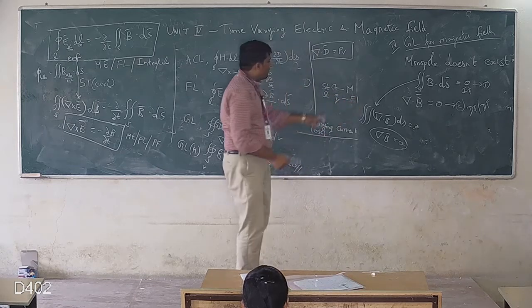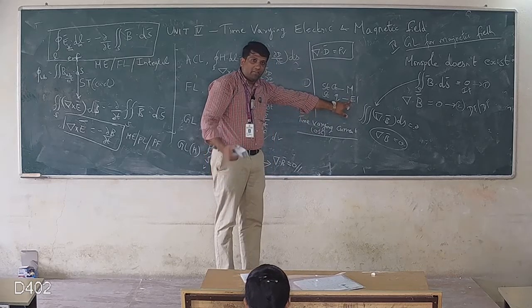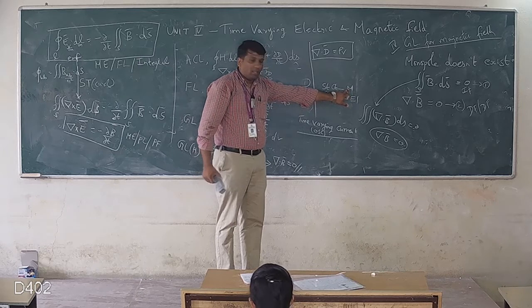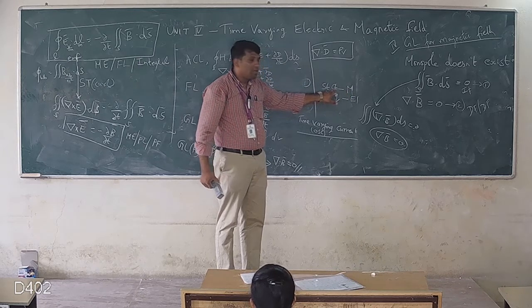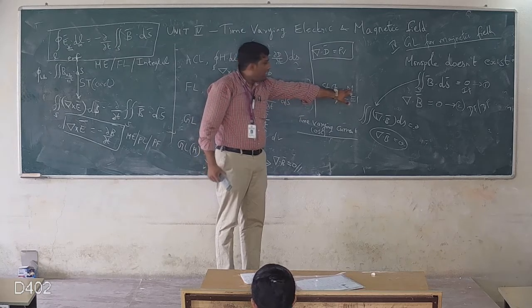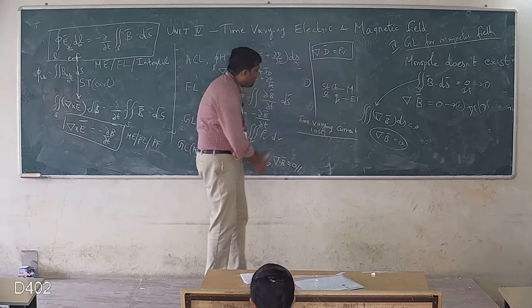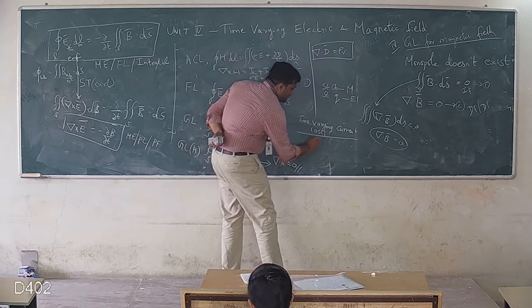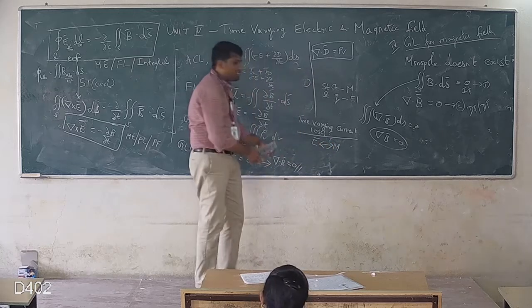That is, if there is a stationary charge, there will be electric field, but we can't assure the magnetic field. If I take the stationary current, movement of charge is nothing but stationary current, there will be a magnetic field, but I can't assure electric field. But in the case of time varying current, whenever there is an electric field, there will be a magnetic field. So both will be present if the current is time varying current.